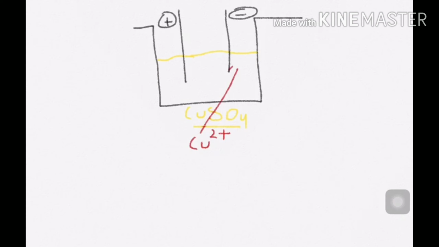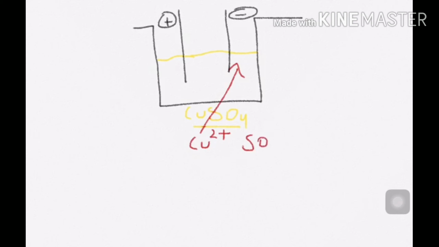In a similar fashion, we will see the example of CuSO4 with two electrodes, cathode positive and anode negative, and the solution of CuSO4, copper sulfate. In CuSO4, copper is positive and SO4 2 minus is negative.